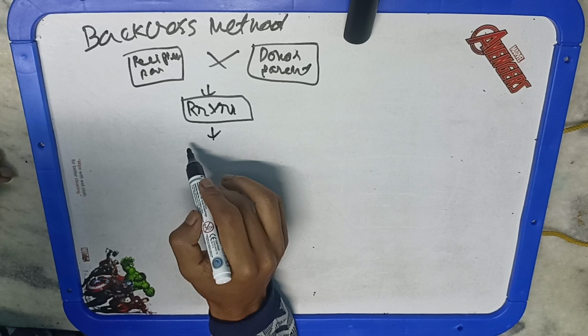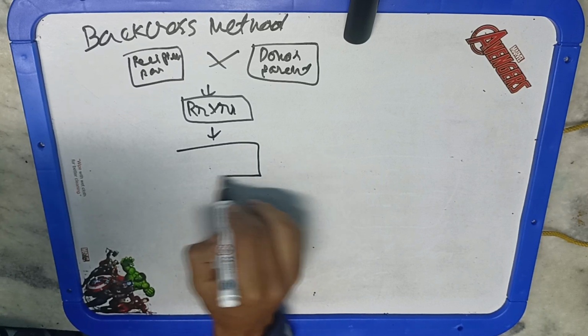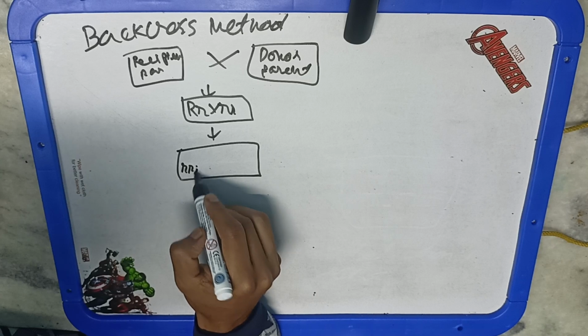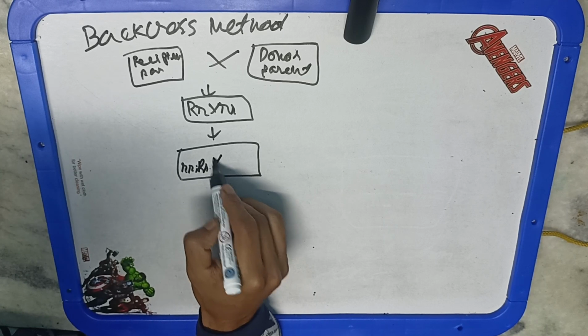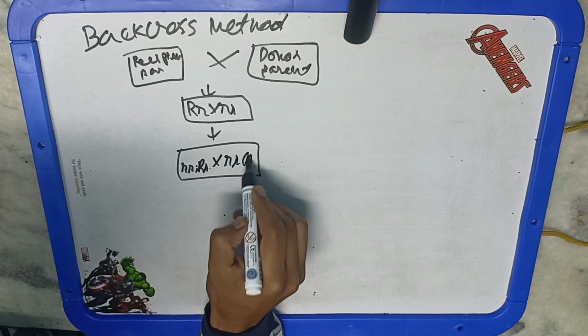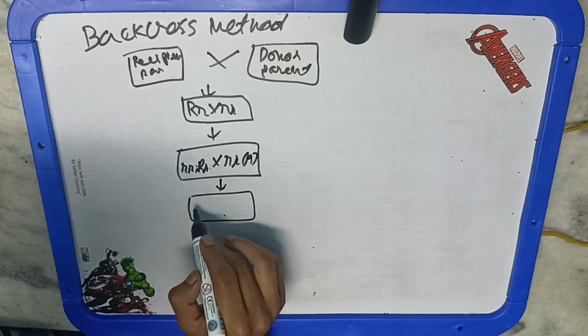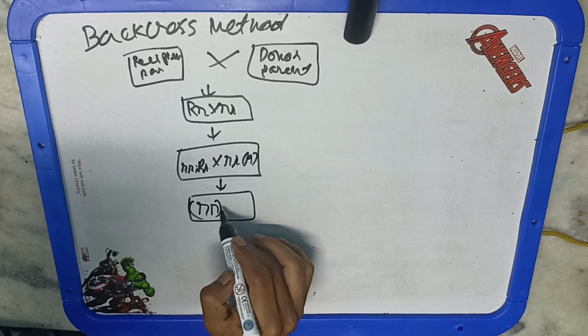So what we will do, from a variety having the resistance gene for that particular disease, we will make the cross. Although this variety is not performing well as compared to this variety, we need only one gene. Only one gene needs to be transferred to this parent. So this is the recipient parent, and this is the donor parent.